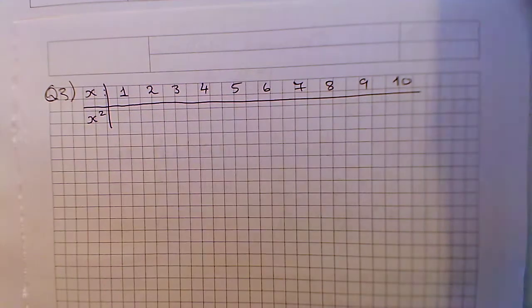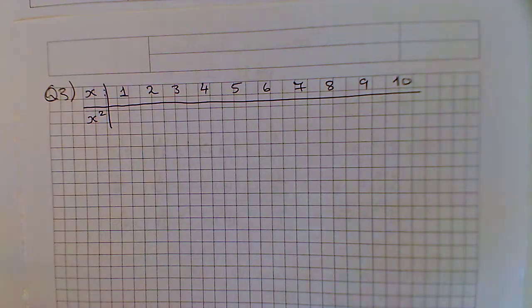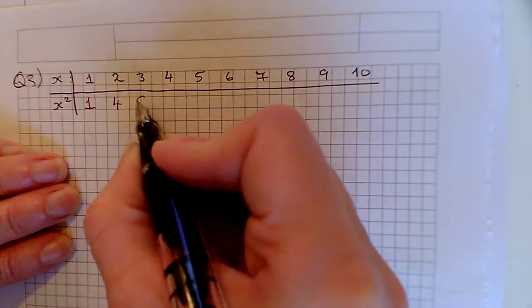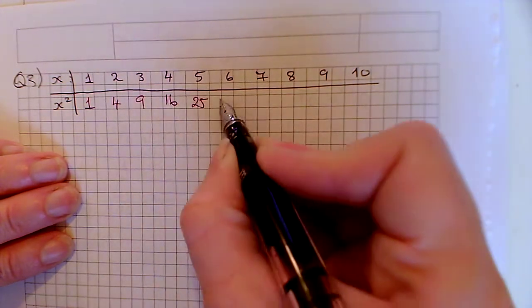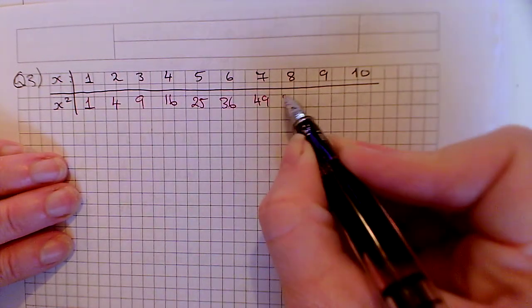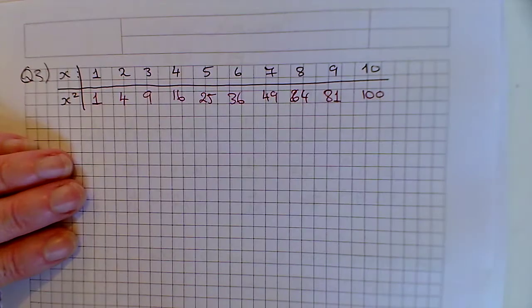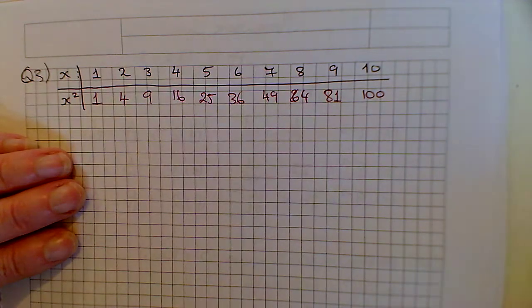So we're going to be filling in the square numbers for x. And we've already done this on the other page, so I'll go quite quickly. 1, 4, 9, 16, 25, 36, 49, 64, 81, and 100. That's our first 10 square numbers.